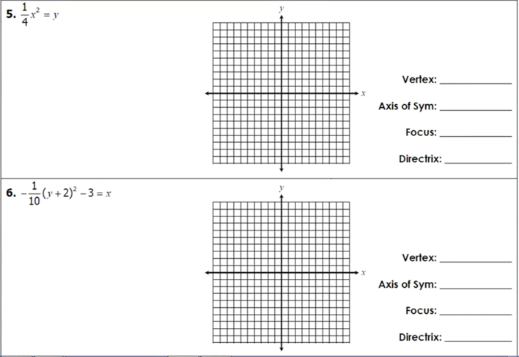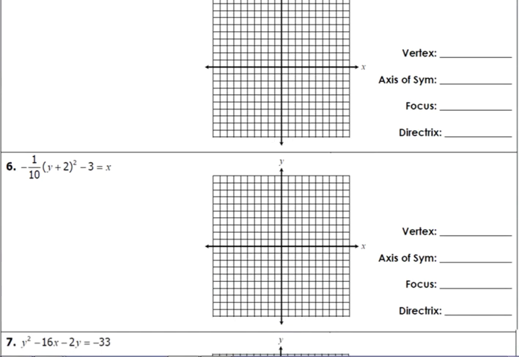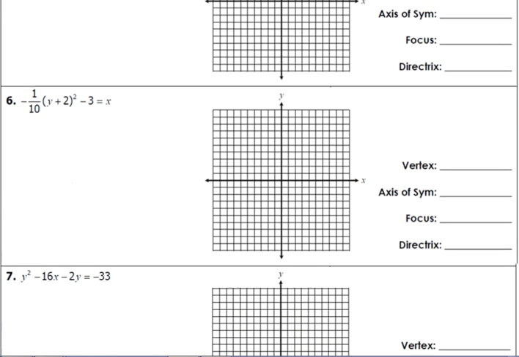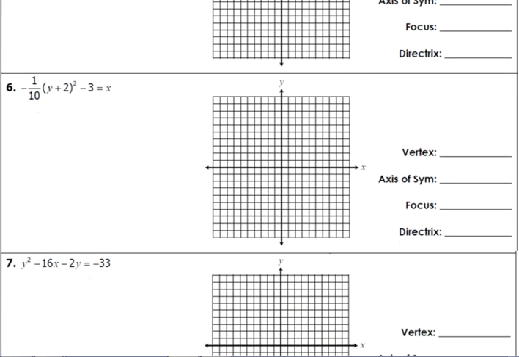Okay, let's look at number 6. Here's our equation, negative 1/10 times (y plus 2) squared minus 3 is equal to x. That is not in standard form. So standard form isolates the term that is squared, so we've got to do that one step at a time. First step is always adding and subtracting, if applicable.